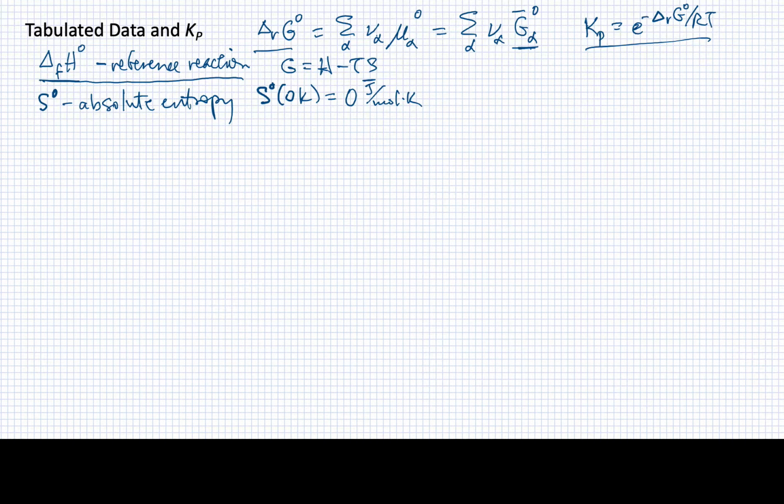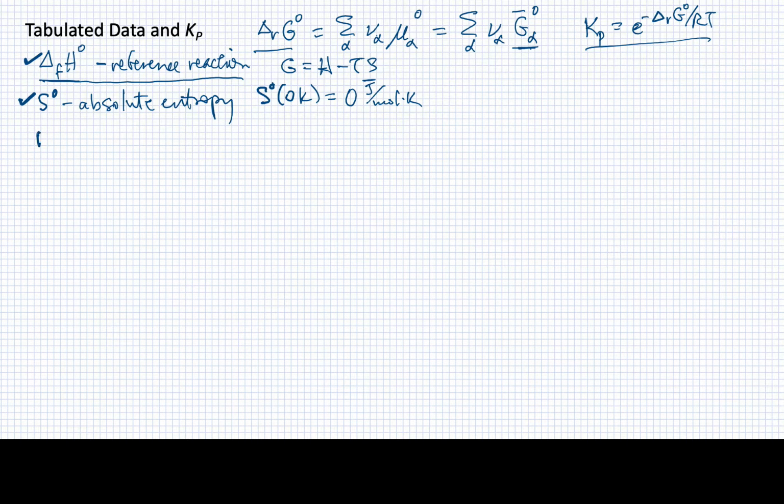So how can we use this reference value for enthalpy and this absolute entropy to develop a reference system for the Gibbs energy? I think the best way for me to relay this is to use an illustrative example, which will hopefully allow you to understand where certain tabulated values for Gibbs energy come from.